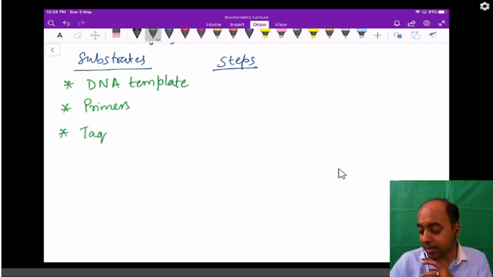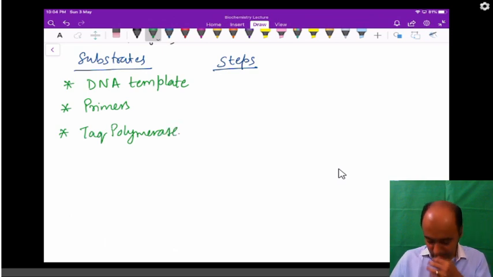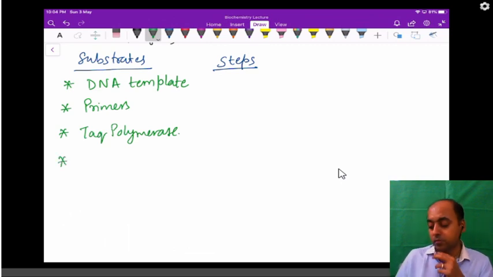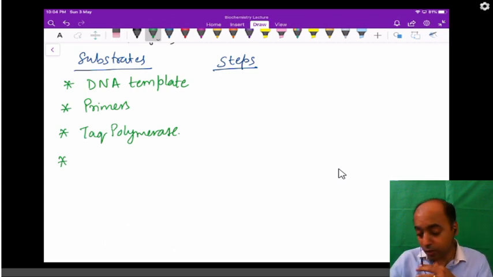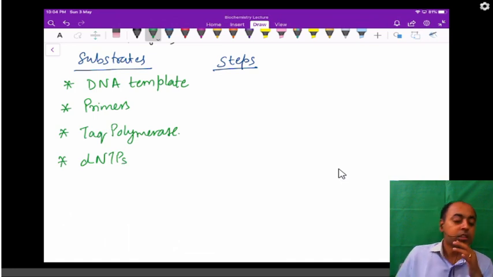Commonly it is the Taq polymerase, but it is not necessary to always use the Taq polymerase. For example, I've given you the example where we may use the PFU polymerase. To make the new DNA, we require the building blocks, which are the deoxynucleotides.